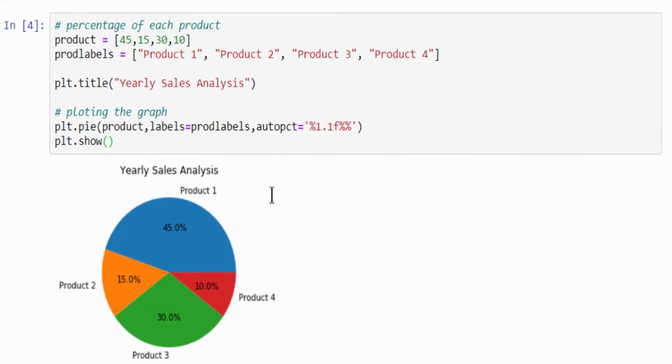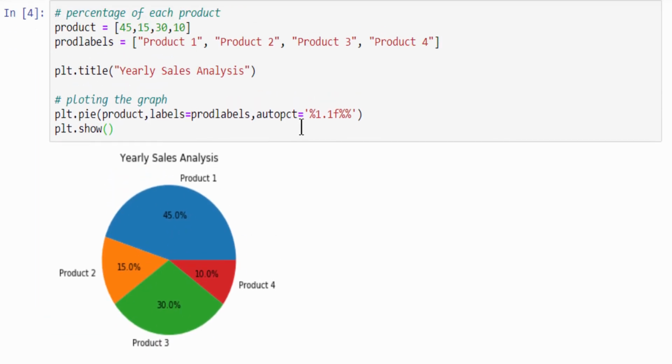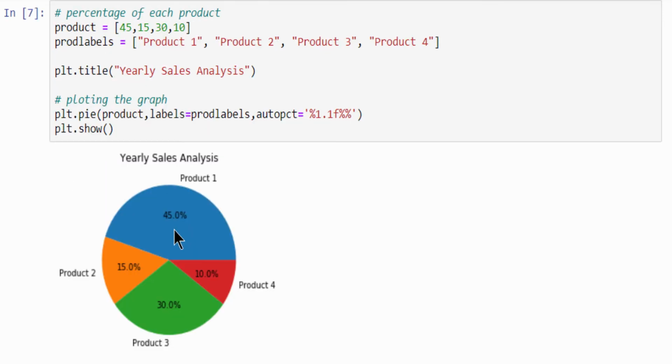Let's execute. You can see the percentage is displayed for each product. If you want 2 decimal points, 1.2, then it will be 45.00. So this is after the decimal point. So I'm going with a single digit. So 45 percent product 1, product 2, product 3, product 4.